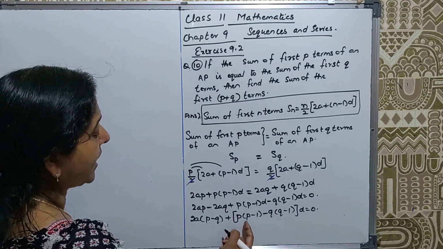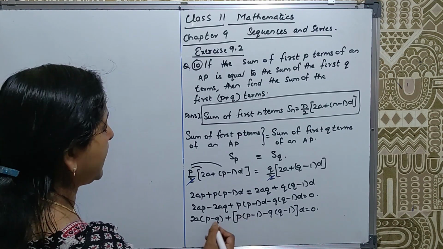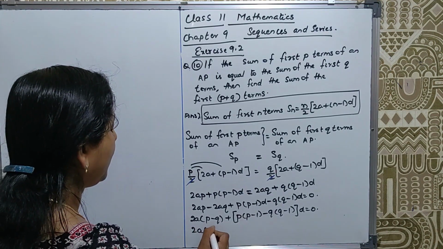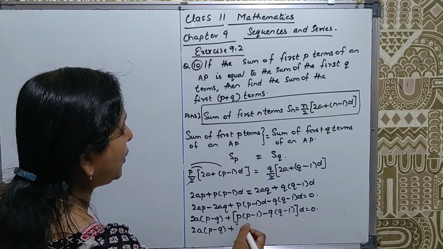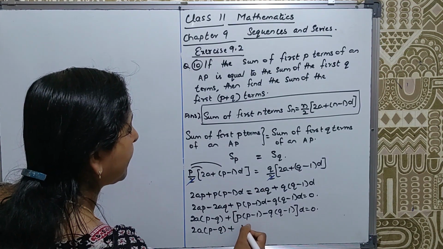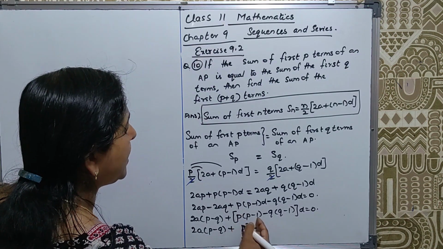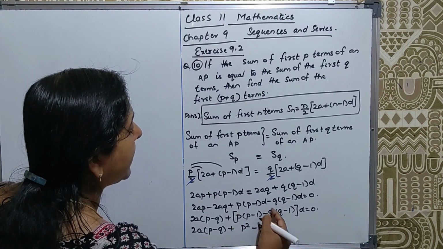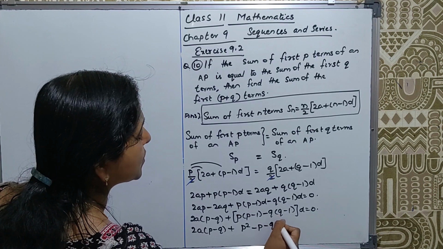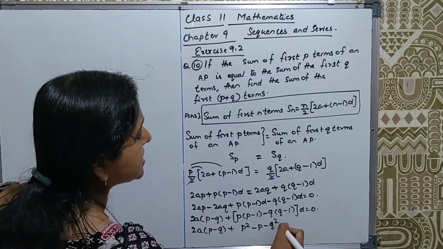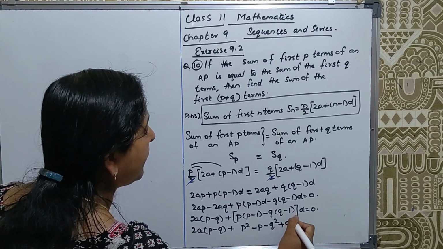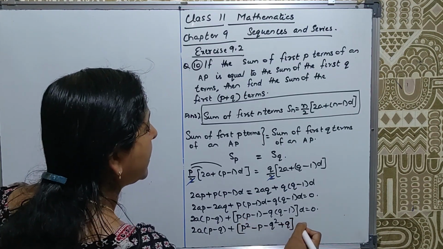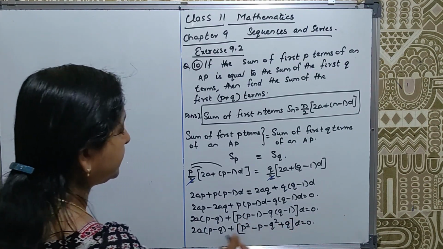Now we'll open the bracket. P into p minus 1 is p squared minus p, and minus q into q minus 1 is minus q squared plus q. So it will be 2a into p minus q plus p squared minus p minus q squared plus q, full thing into d equal to 0.